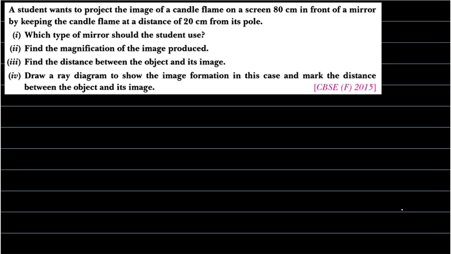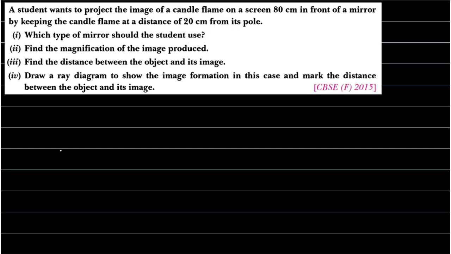Next question, again CBSE 2015. Question is saying, a student wants to project the image of a candle flame on a screen 80 centimeter in front of a mirror by keeping the candle flame at a distance of 20 centimeter from its pole.